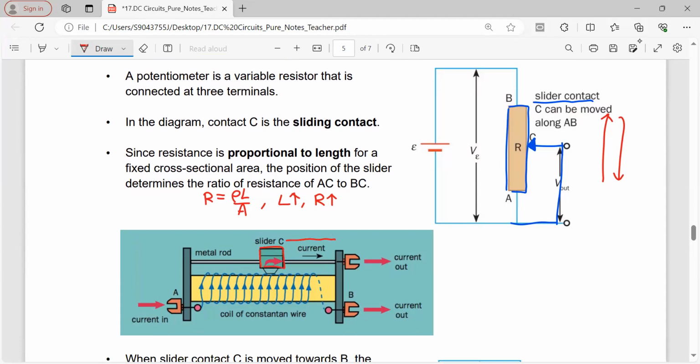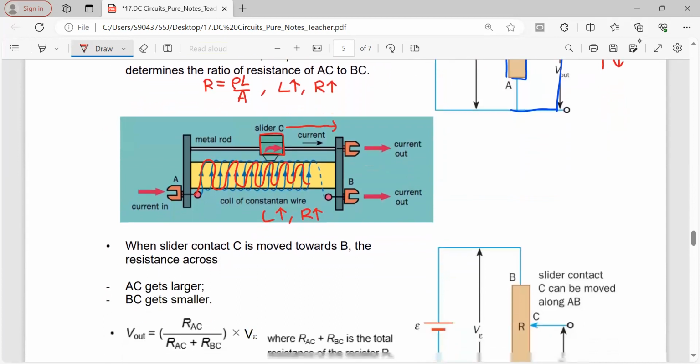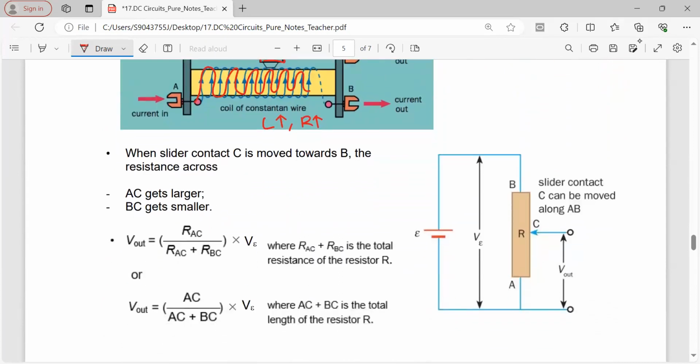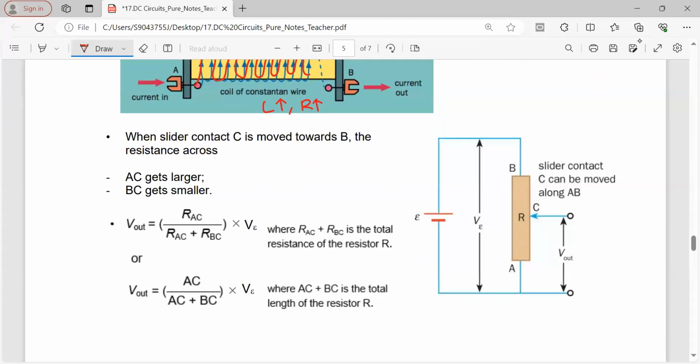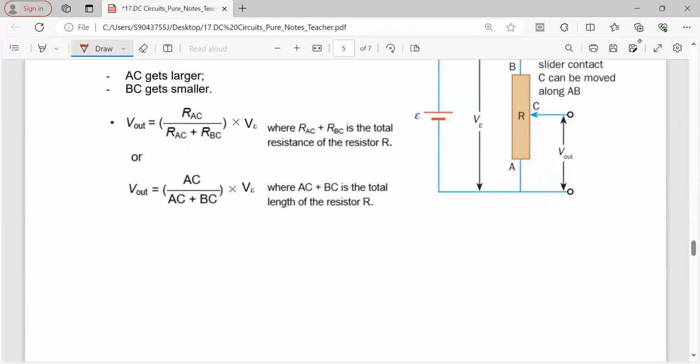If slider C goes all the way to the end, the current has to go through more wire, length increases, resistance increases. So this is one other way to change the resistance of a component. This is actually the derivation of the current, the same as the previous calculation.